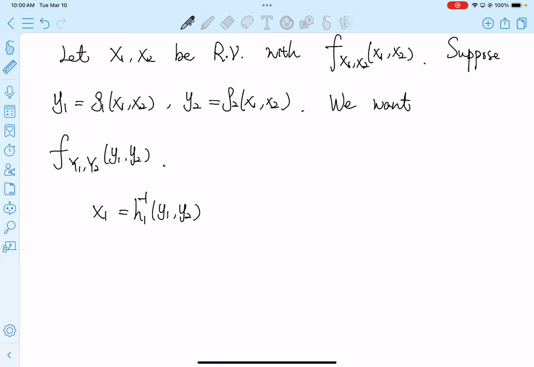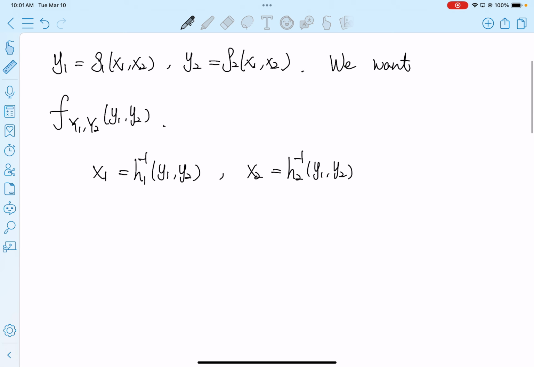Similarly, for x2, we can also find an inverse function whose input is y1 and y2, the new variables. So input y1, y2, obtain x1 and x2 back. That's the purpose of the inverse function.